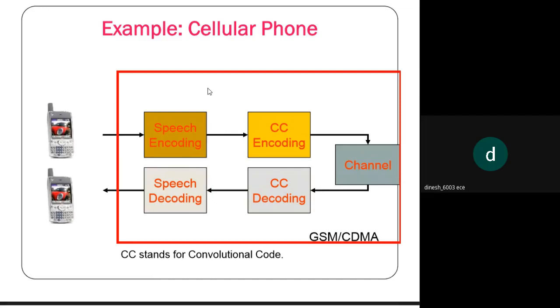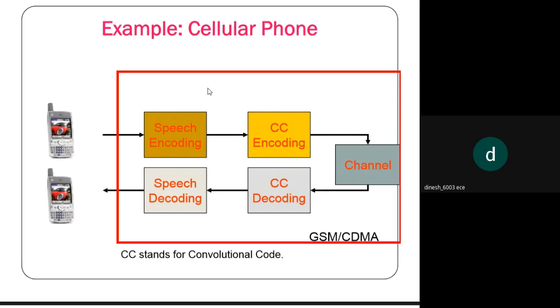I think most probably everyone would agree with that. So we'll be using speech encoding schemes, as I said earlier, and it will be encoded by some coding technique, which we call convolutional codes.